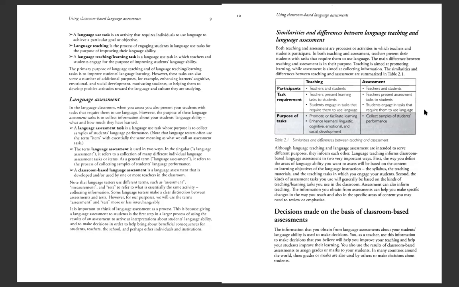The purpose of the task in teaching is to promote or facilitate learning, and also to enhance or improve learners' development: for example, linguistic, cognitive, emotional, and social development.